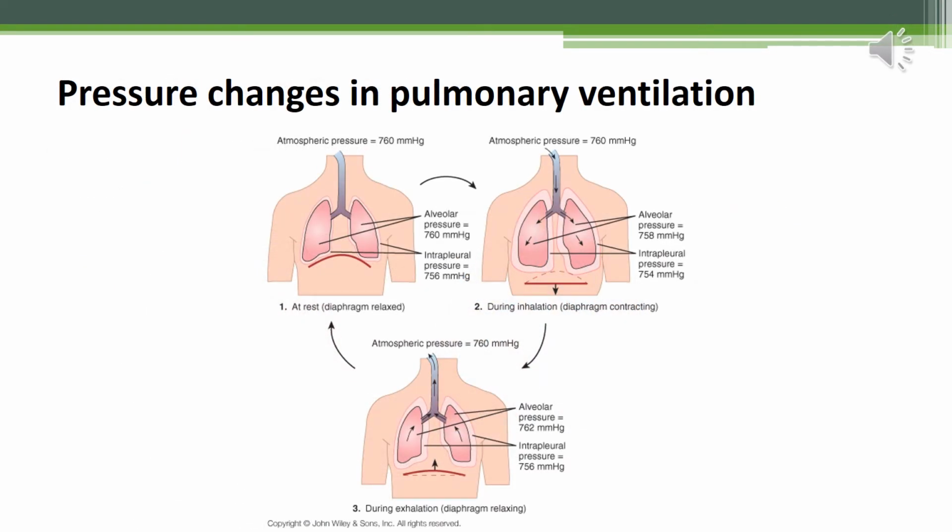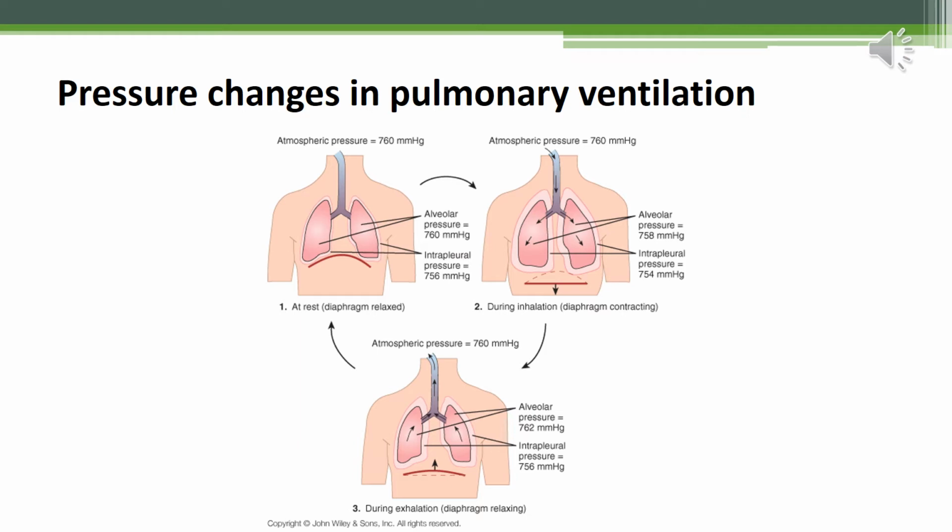This diagram shows the pressure changes which occur during pulmonary ventilation. At number 1, the diaphragm is at rest, and this means that the atmospheric pressure and the alveolar pressure are the same, at 760 millimeters of mercury. The intrapleural pressure is 756 millimeters of mercury, so slightly less. When the diaphragm contracts and pulls down such that the thoracic cavity expands in volume, we have the atmospheric pressure at 760 millimeters of mercury, but the alveolar pressure is slightly less, at 758 millimeters of mercury.